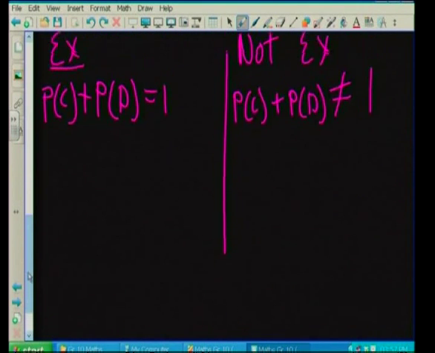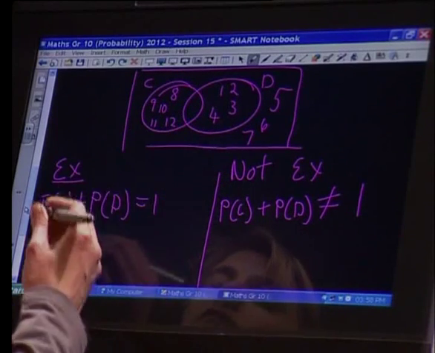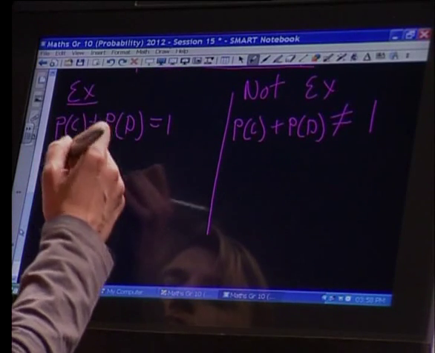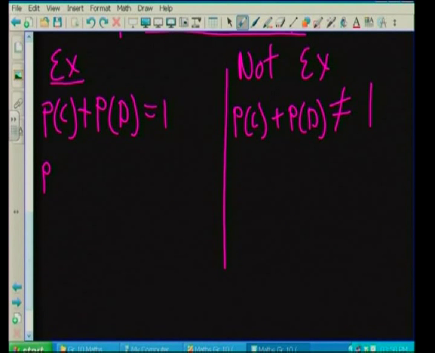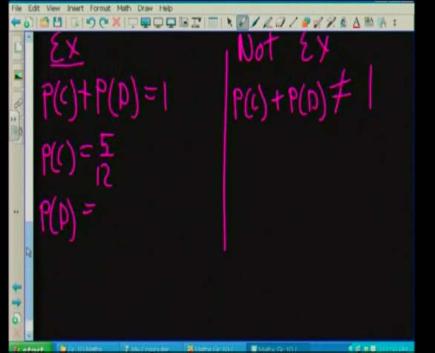Let's have a look at the probability of C. 1, 2, 3, 4, 5. That's 5 out of a possible 12, so 5 out of 12. The probability of D, let's scroll up again, is 4 out of 12.